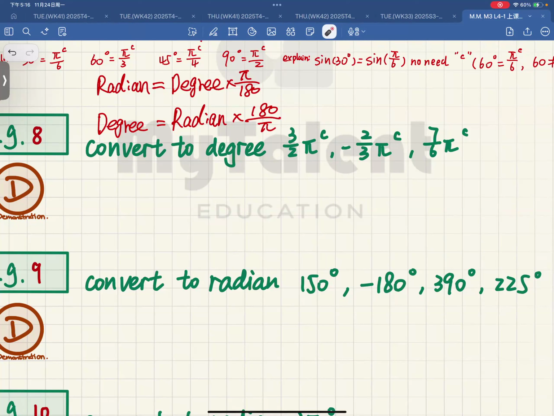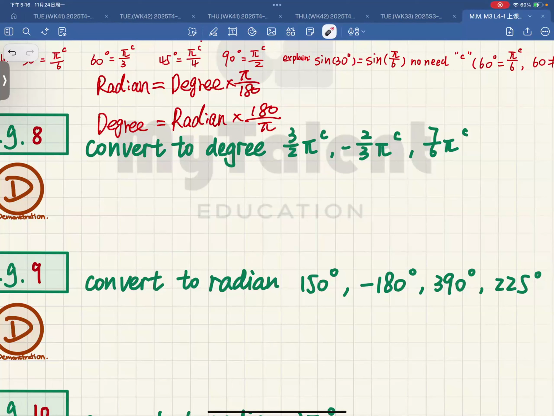Okay. First question, convert to degree. 3 over 2 pi, convert that to degree. We need to times 180 over pi, right? Isn't pi 180? So that's basically 1 times 1, these two can be canceled.